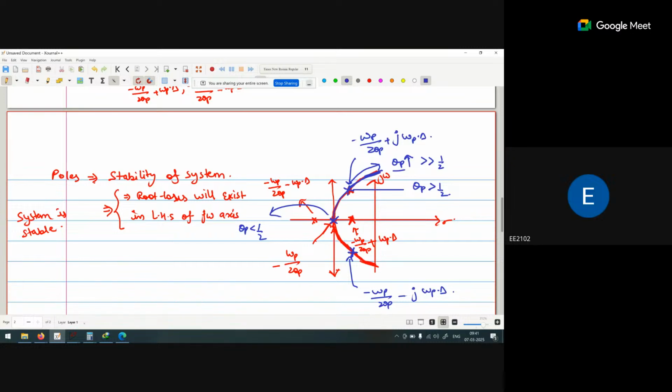So we are calculating these poles because if we are talking about the first order, it is completely stable.